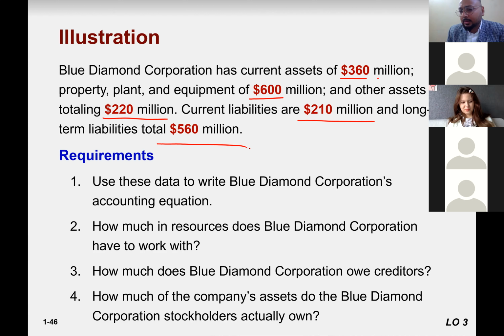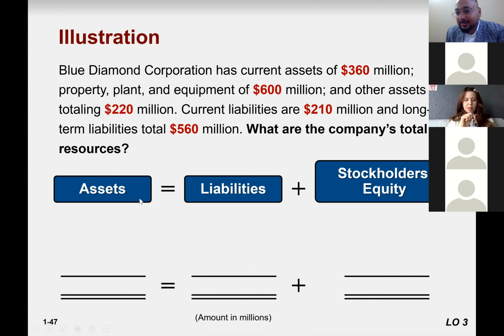So what is the accounting equation? Assets are equal to liabilities plus owner's equity, right? Number one requirement: use these data to write Blue Diamond Corporation's accounting equation. Number two: how much in resources does Blue Diamond Corporation have to work with? Let's solve number one. We know that assets are equal to liabilities plus owner's equity.